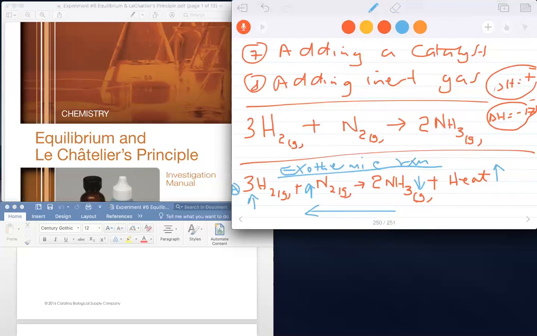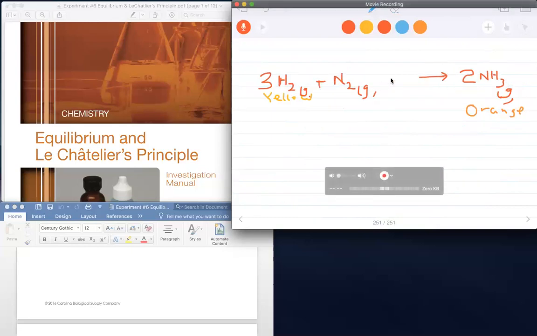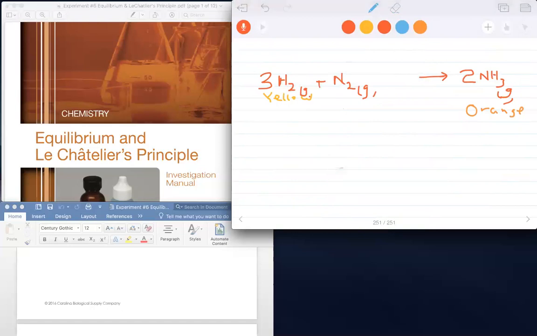But in our lab, we will perform an experiment to determine whether we're gonna add heat on this side or on the product side. What will be our guiding reference is the color change.